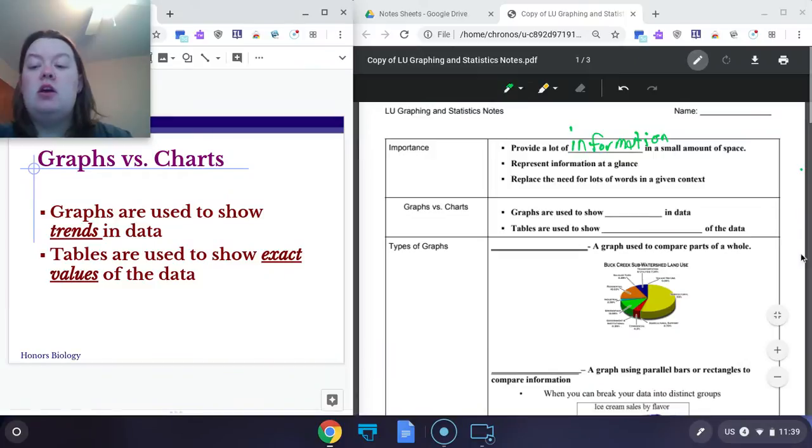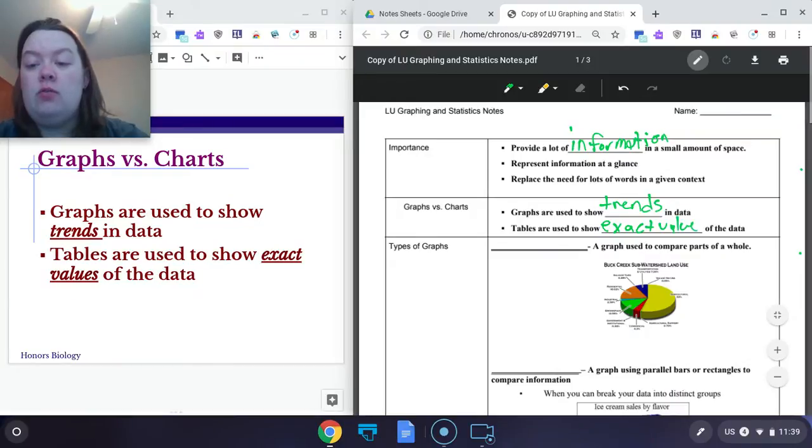So graphs themselves are used to show trends in data. When you look at a graph, you see it's generally increasing, it's decreasing, or maybe it increases and then decreases. And you can kind of get an idea of a trend. And that could be over time, it could be over seasons. Whereas a table is used to show an exact value.